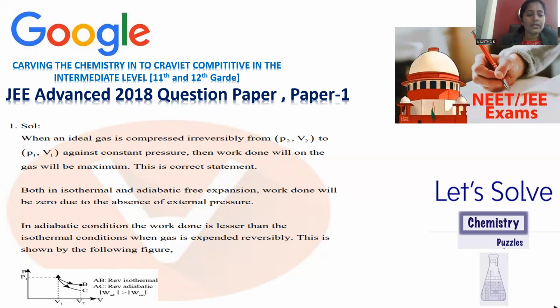Here, if you observe, pressure is taken on the y coordinate and volume is taken on the x coordinate. Okay, so this is the case. Work done adiabatic and work done isothermal are both mentioned over there.